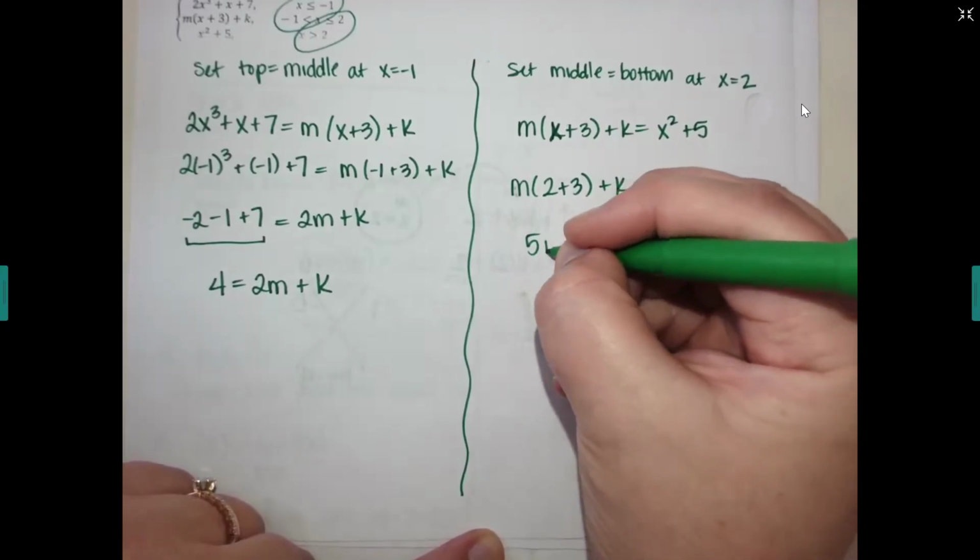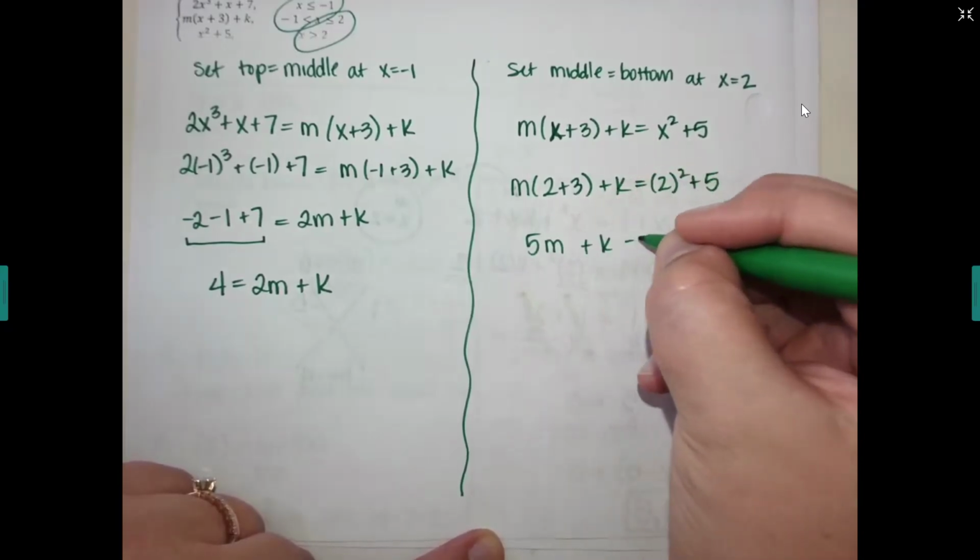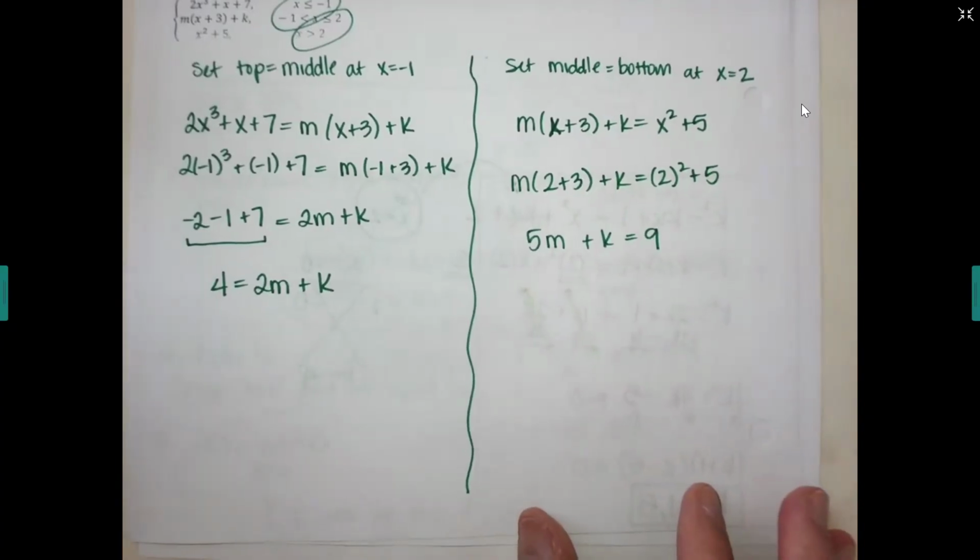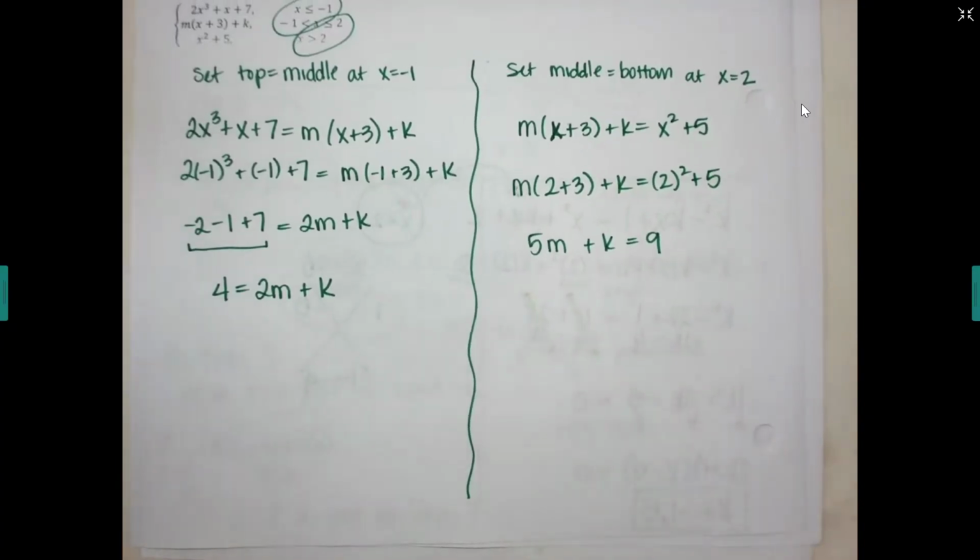So you should have 5m plus k equals 9. Is that correct? Okay, from here, this is a system of equations. Now, when you were in Algebra 2, you learned 3 ways to solve systems. The easiest one, if a letter can be solved for, is substitution. So I'm going to solve this side for k.